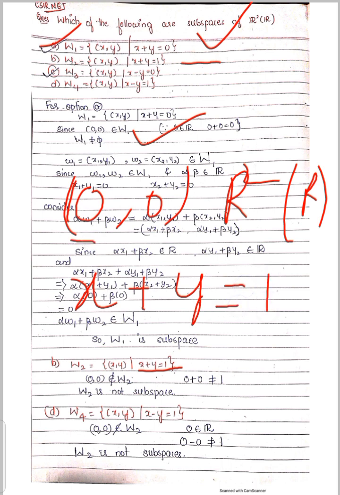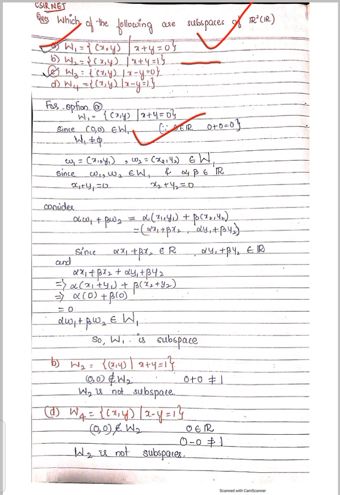If I substitute x as 0 and y as 0, are we going to get 1? No. So the identity element is not present here in W2. The condition x plus y equal to 1 is not satisfied. That's why the identity element 0, 0 does not belong to W2.